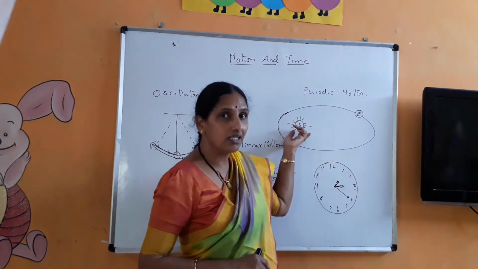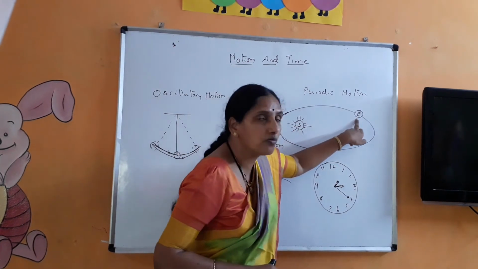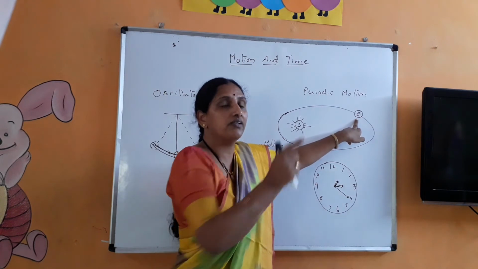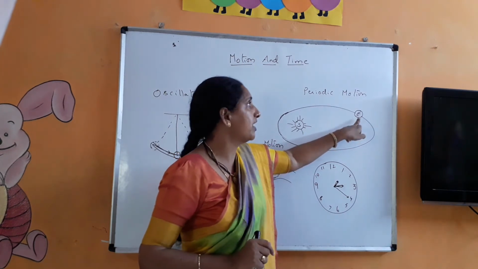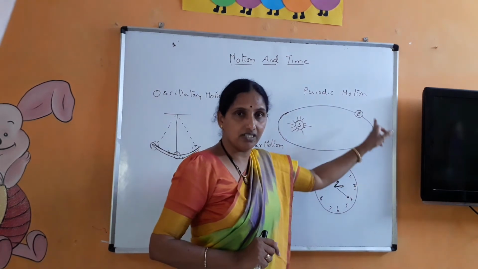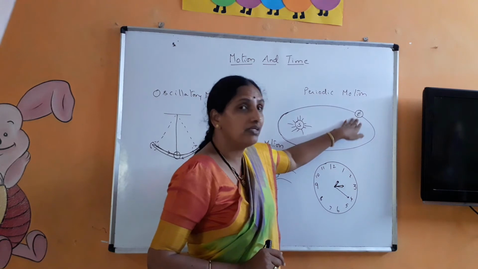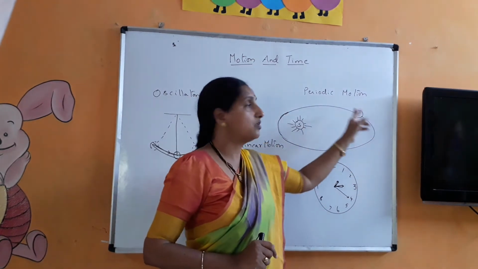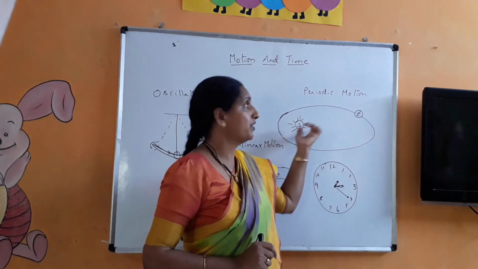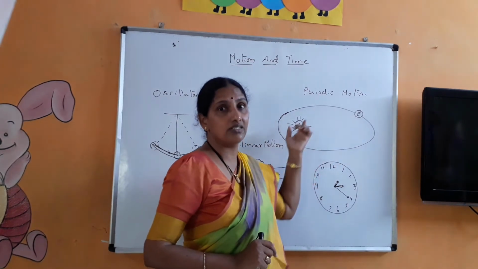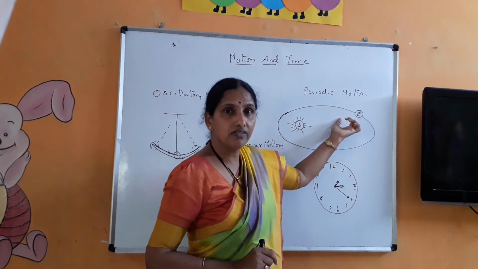Can anyone see me? When can Earth reach this point again once it crosses it? Yes, 365 days. Why? Because the time period of revolution of Earth around the sun is 365 days.